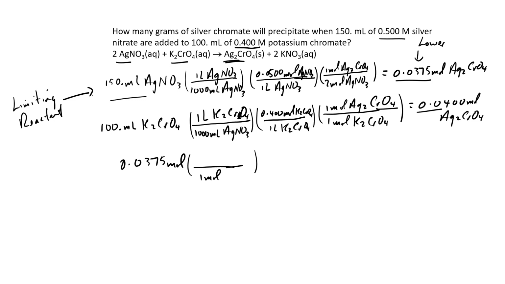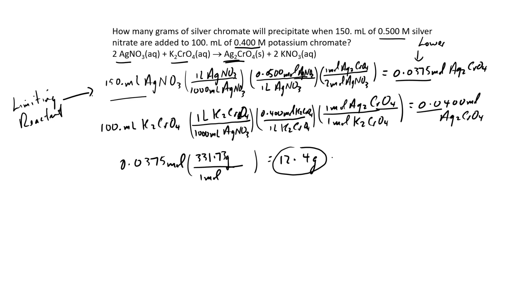Okay, so according to my calculations here, the molar mass of silver chromate is 331.73 grams. And let's do that calculation. 0.0375 times 331.73. Okay, so according to my calculations, this is equal to 12.4 grams. So that would be the answer to this question. The mass of the silver chromate that you'd expect to get. All right.